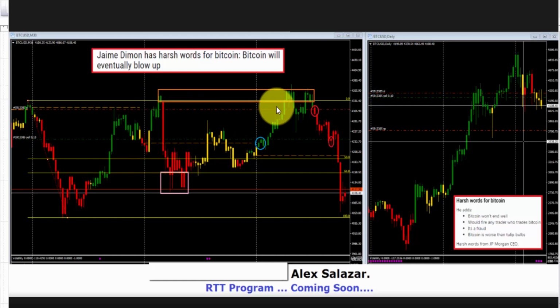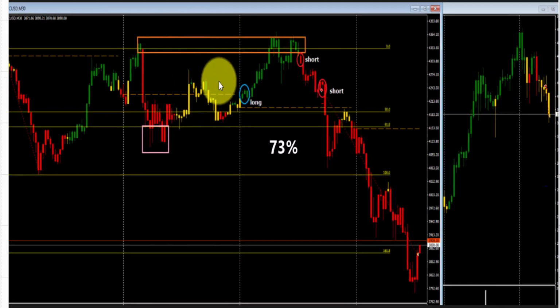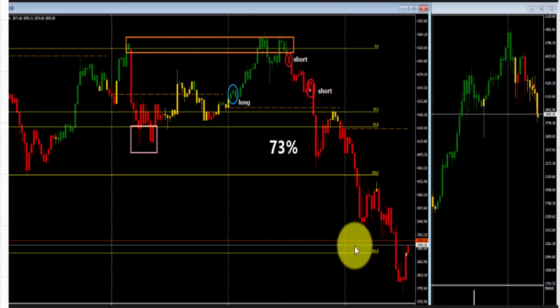We can also see that the price reached the previous high, and once the RTR gave us an indication of shorts, we started to short the BTC USD, and that is what the trade gave us. And this is the last target of the free fall.